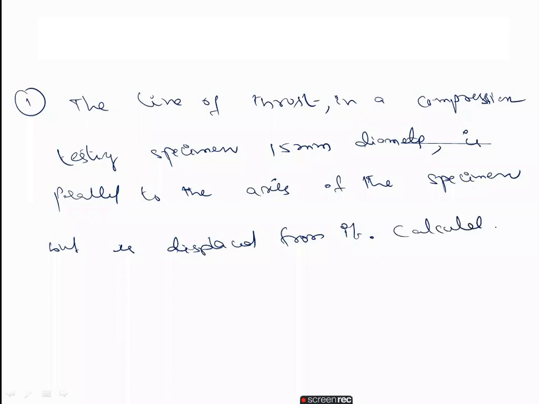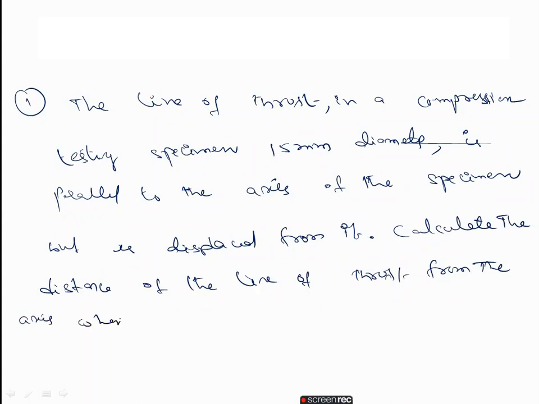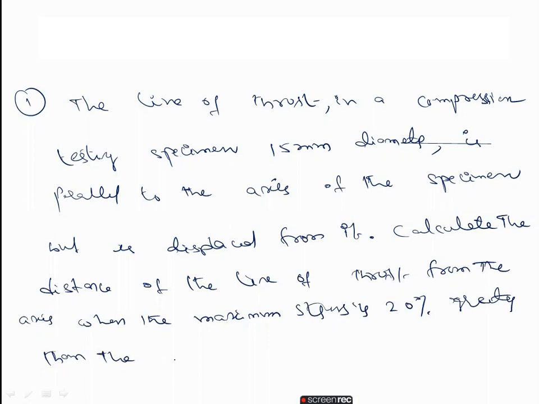Calculate the distance of the line of thrust from the axis when the maximum stress is 20% greater than the mean stress on a normal section.